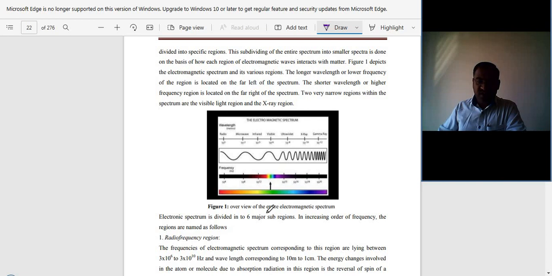Consider Figure 1, the overview of the entire electromagnetic spectrum.